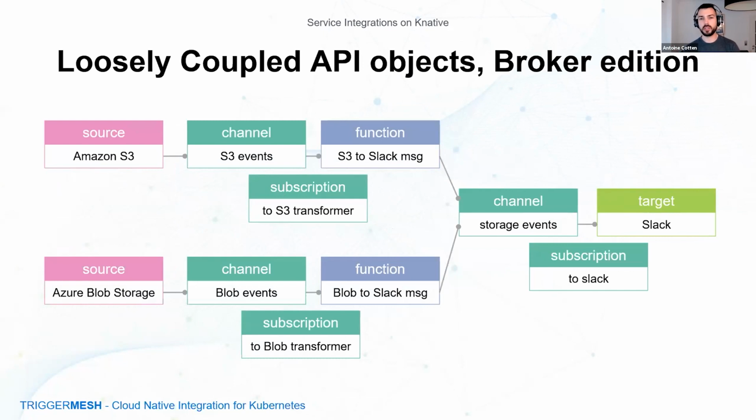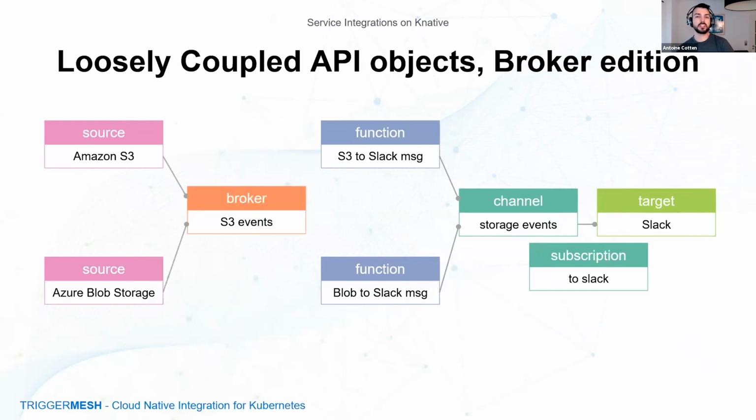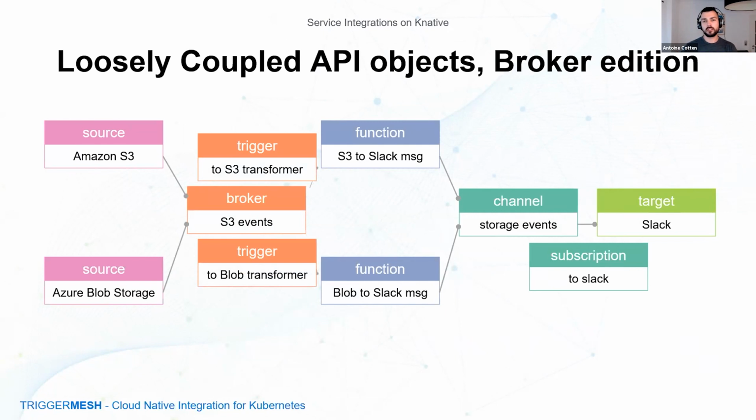Of course, some of you may point out that some parts of the system I described before could be simplified by using a broker instead of individual named channels like this, but chances are that your integration at this point is still a wall of YAML, right? It's still not tackling the challenge that your system is hard to describe.